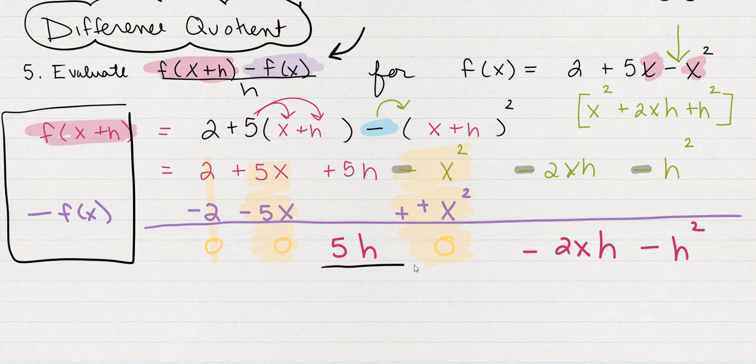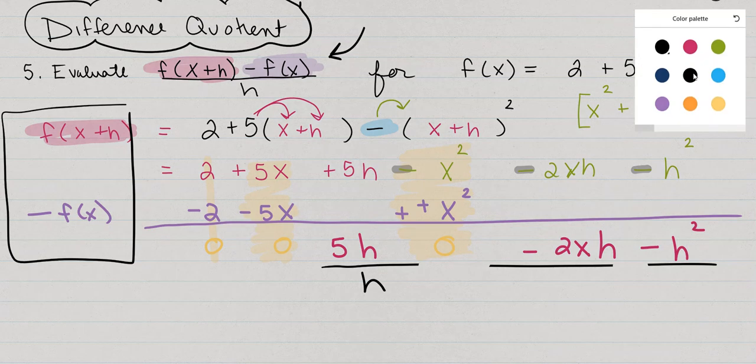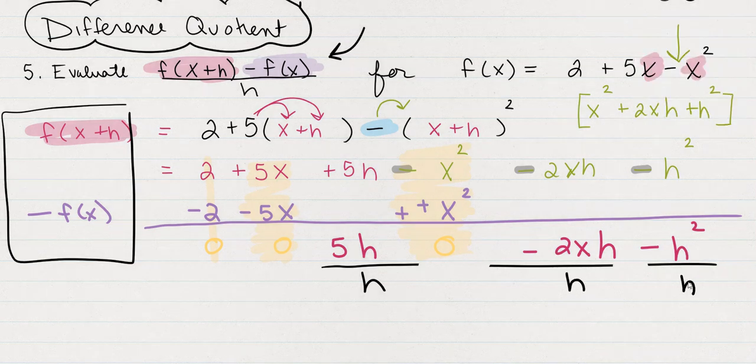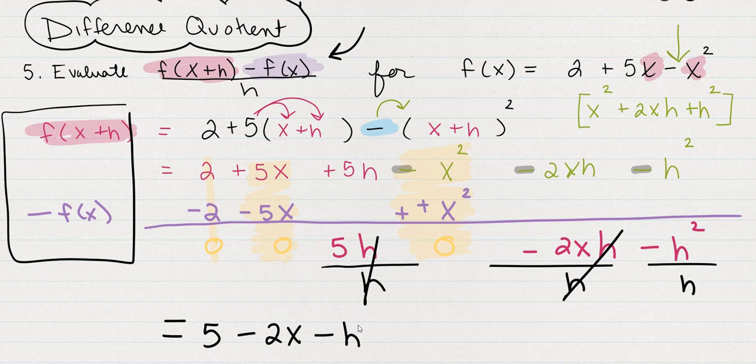And then if I divide all of this by h, what I'm doing is dividing each of the three pieces by h, right? If I play it out correctly, I get a nice, neat 5 minus 2x minus h squared over h is h. 5 minus 2x minus h should be the final result when I evaluate that.